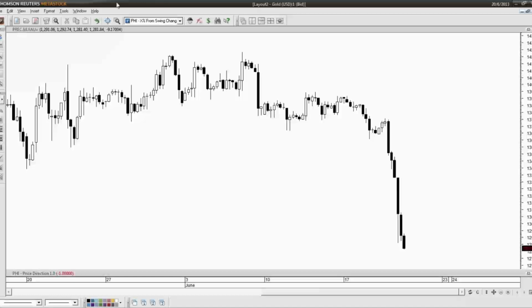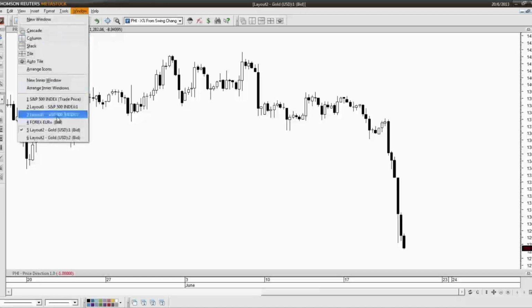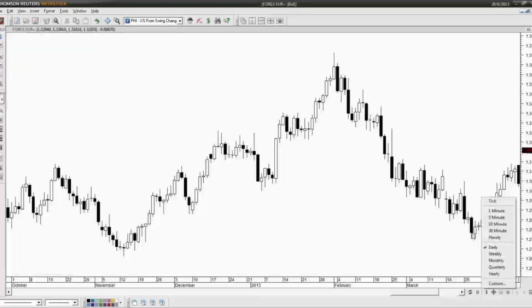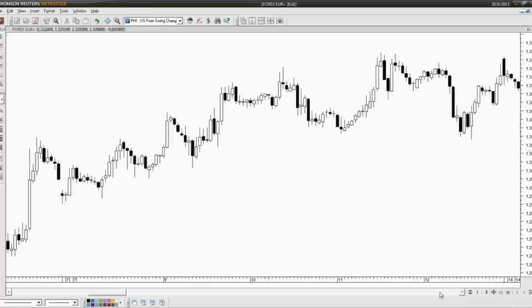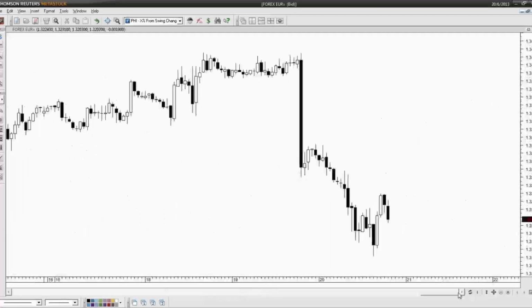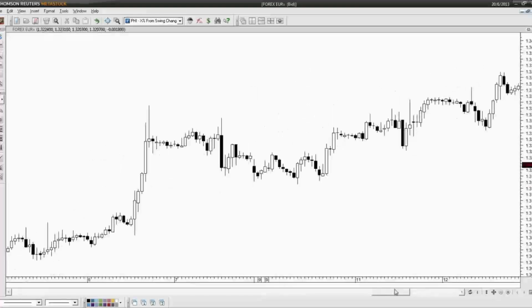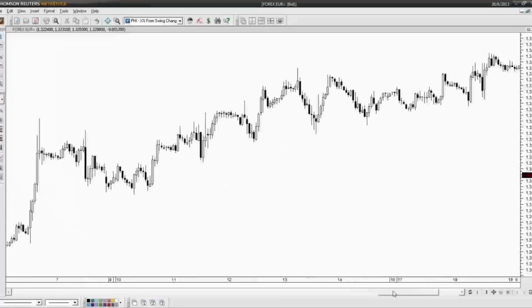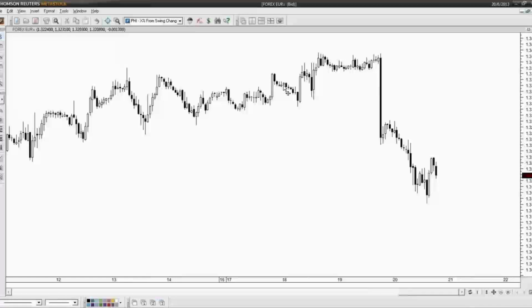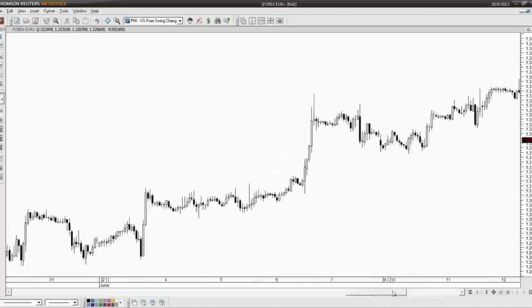Okay, so if we go to our other favorite instrument for the day and go again to the hourly, the only difficult thing when you go to the lower time frames is your ability to identify the correct tops and bottoms. So what happened here yesterday?